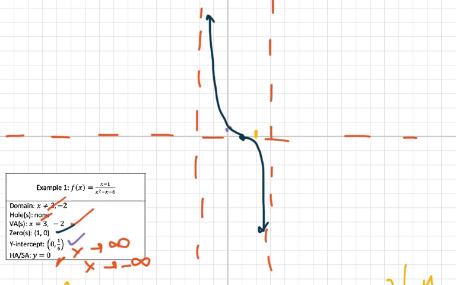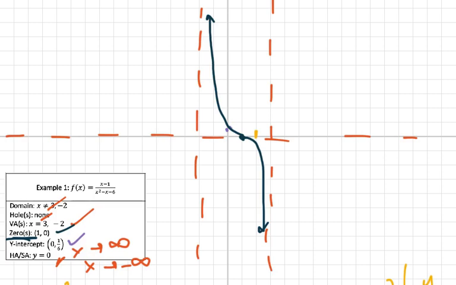The only place it can cross or touch the x-axis is at our zeros. So I have two options. It's either going to bounce like this, or it's going to cross through. So that's why I checked, if I plug in 2, is it positive or negative? If it's positive, it would have bounced up. If it's negative, it passes through. So that's what we have.